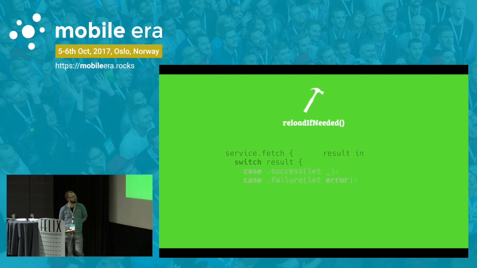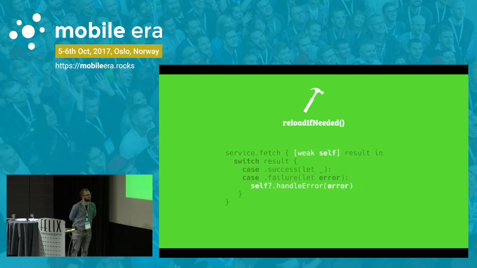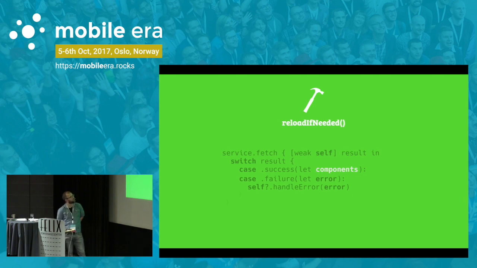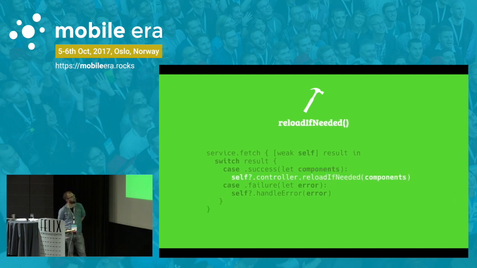And because we're good citizens, we want to handle the error first. What we're expecting back is a bunch of components, or in this case, component models. And the only thing that we have to do is tell the controller to reload if needed with these components. And that's everything that we wanted it to do.